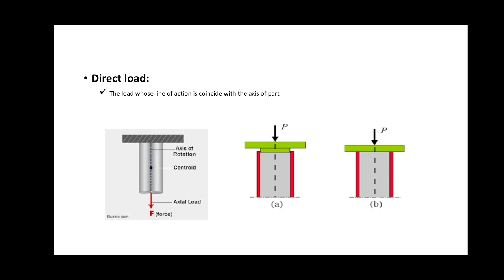That force may be a tensile force, that force may be a compressive force, but that force must be acting at the center of that part. That force must be acting at the centroid of that part. So when that force coincides at the center, coincides at the axis, that phenomenon is called direct load.